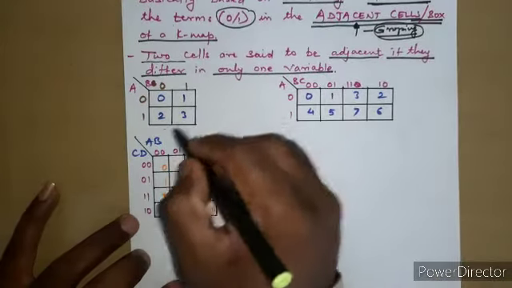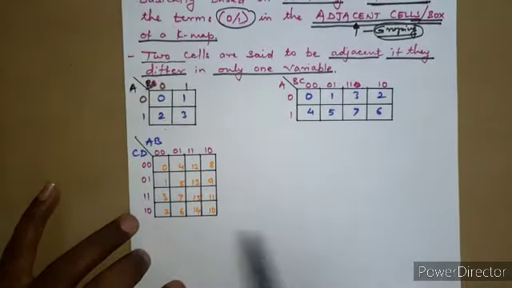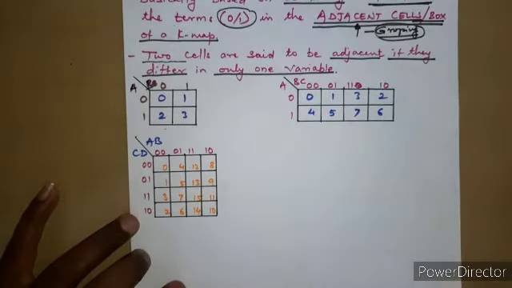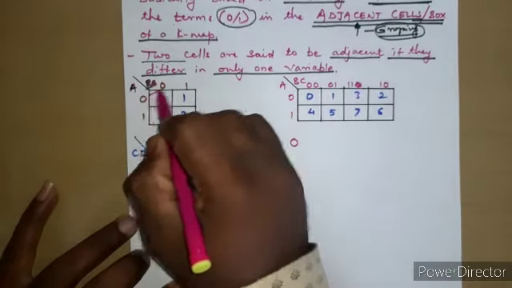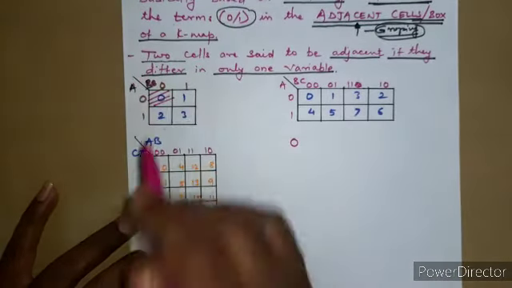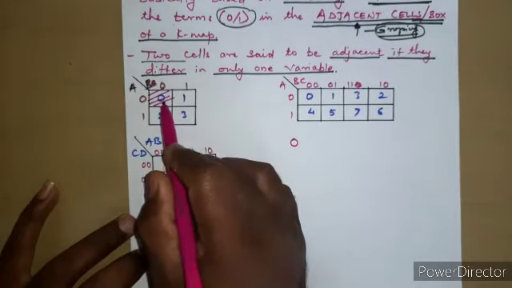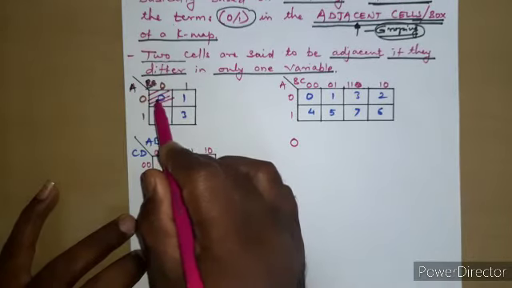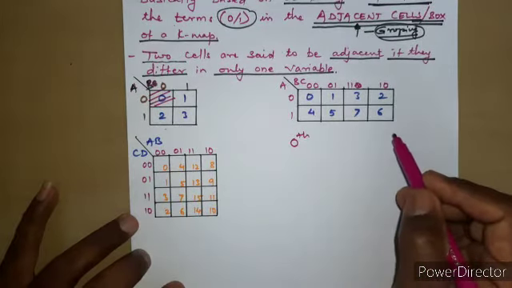Okay, let's consider two input variables. Here we have taken A and B, two input variables. Now I have cell number 0 here. If you see the adjacent cells to this 0th cell, we call them first, second, third, likewise.